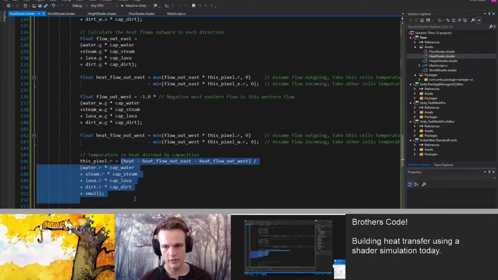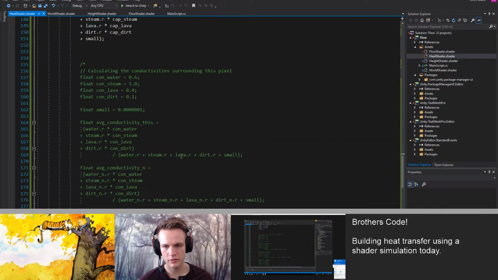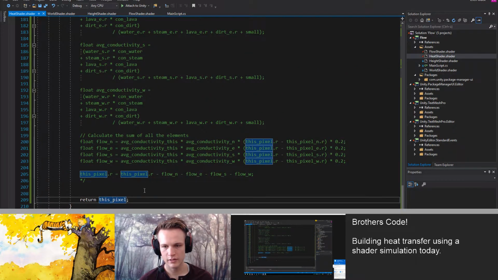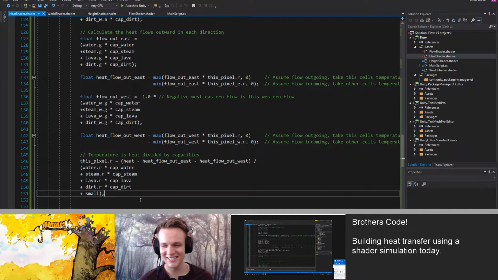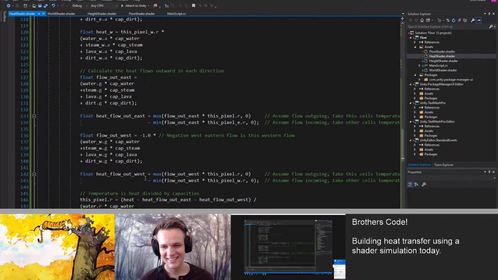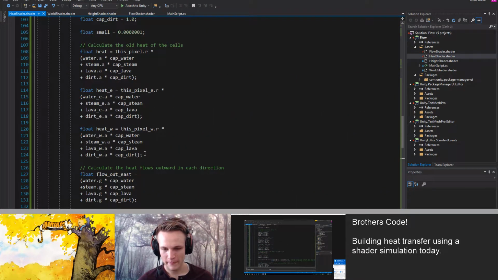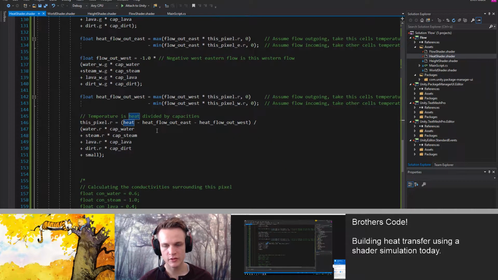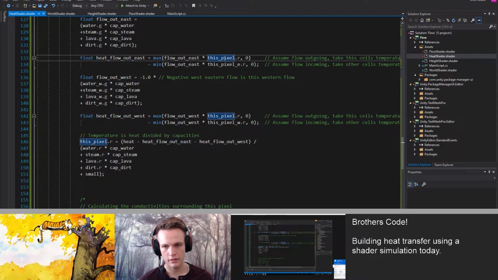Is this pixel.r value getting returned? Okay, just checking the easy stuff. Yep. Hmm. So heat is zero, because this thing has no temperature, because nothing has any temperature in the beginning. Then the heat flow out.